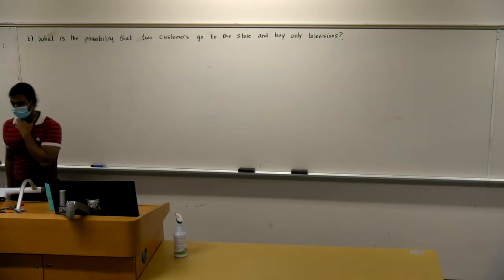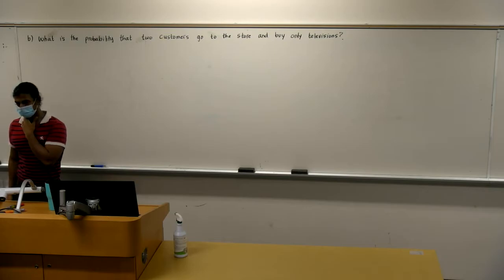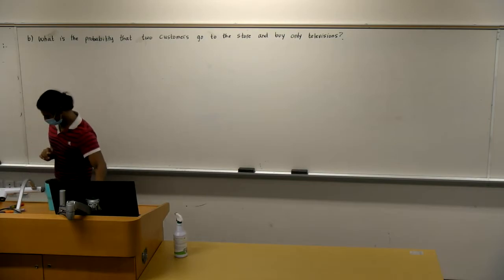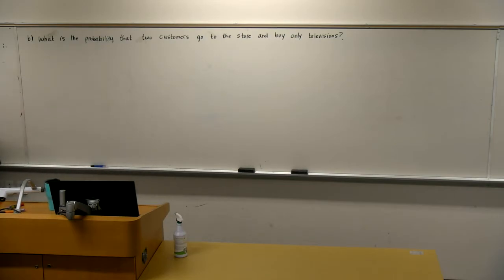It would be the probability of T and then the probability of T dependent on T. So it would be 24 over 81. Then it would be 23 over 80. Okay, so you're so close there, Bailey. So Bailey's argument here is this would be probability of 24 over 81 multiplied by 23 over 80.